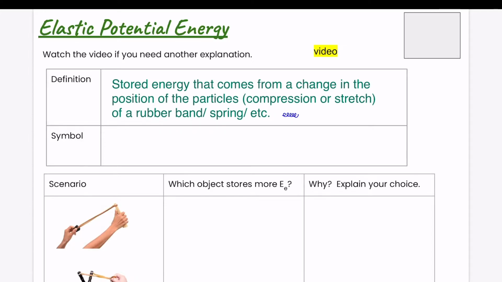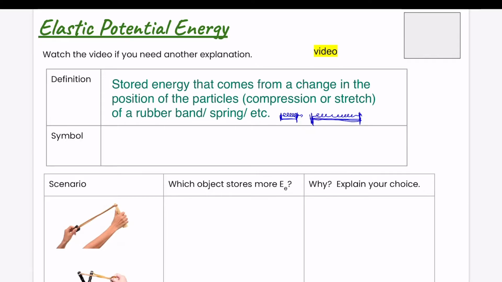And then I stretch it and I pull it this way, and now my spring is stretched. So the position of the particles, this guy was very much that far apart from the end, and now it is this far apart from the end. Okay, so then there's a change in position of the particles. So that's what it would look like if it was stretched.